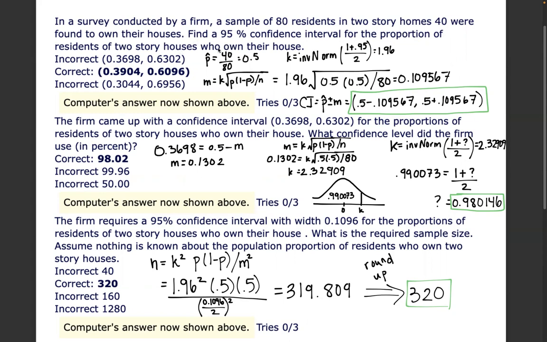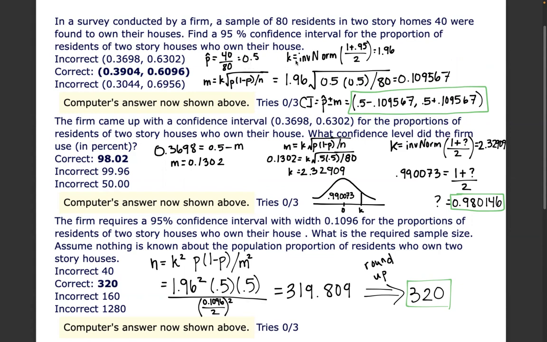Find a 95% confidence interval for the proportion of residents of two-story houses who own their house. Okay, so here we're going to have to do our p hat first. So our p hat is 40 divided by 80, because we have 40 that own their houses out of the 80 residents. So 40 divided by 80 equals 0.5.